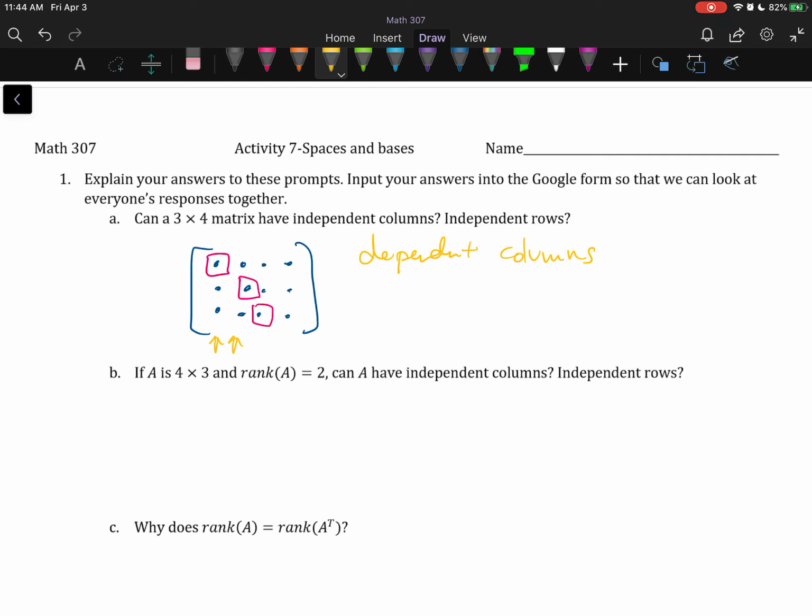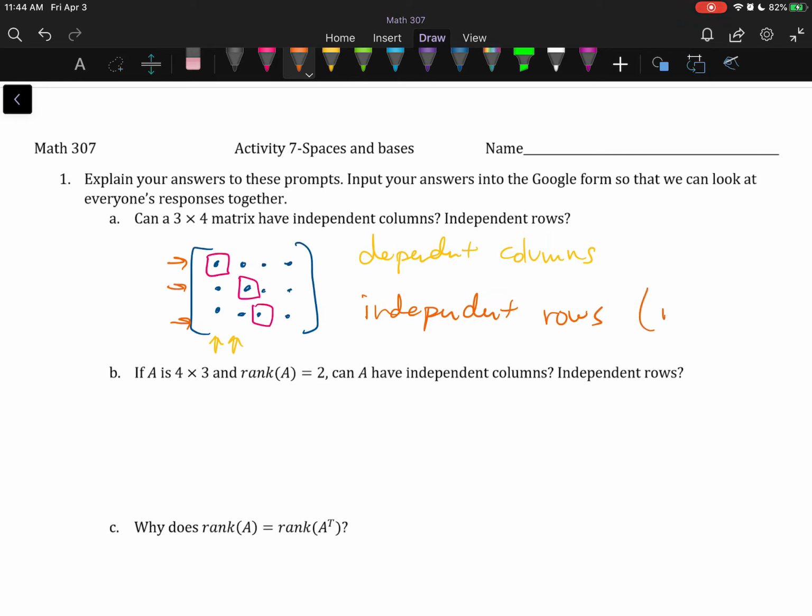Okay. And then for the rows, yes, these vectors live in R4 since they have 4 components. And you can go 3 different directions in R4. So independent rows. No problem.